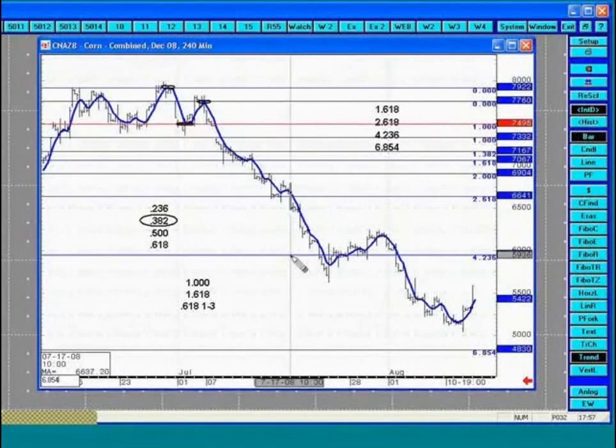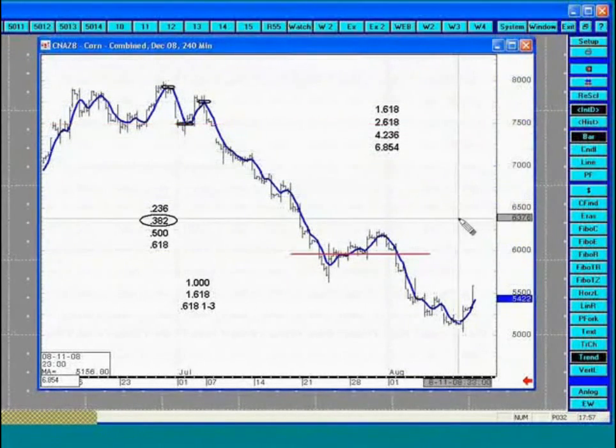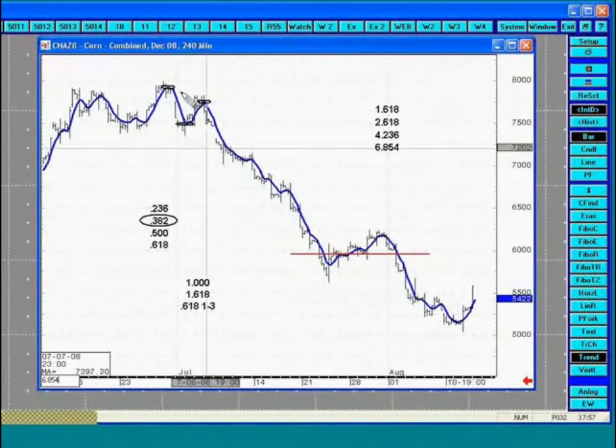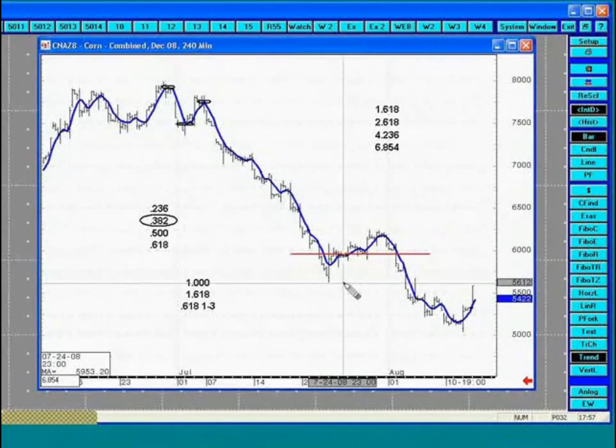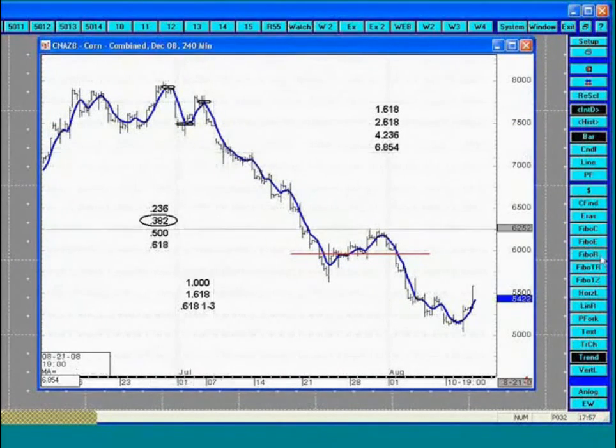Well, look where the moving average actually came to. Here's the 4.236 multiple. So we're actually not utilizing price to obtain these levels. We're viewing these multiples, these projections, based off the length of the moving average.